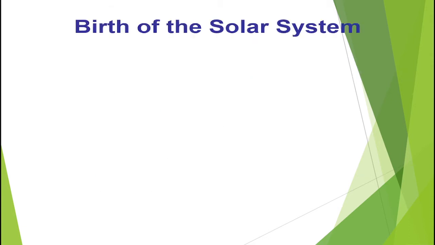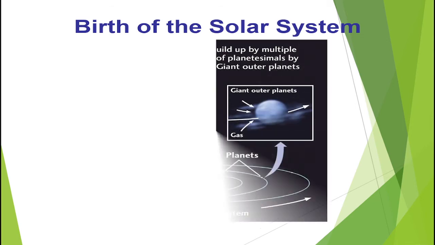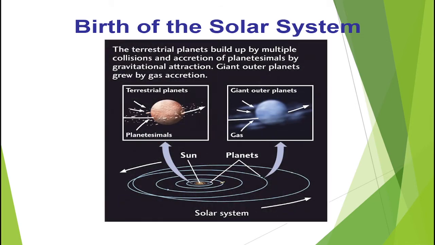The inner planets were formed in a different manner relative to the outer planets. The terrestrial planets build up their size through multiple collisions, and accretion of other planetesimals by gravitational attraction. Giant outer planets grew by gas accretion.